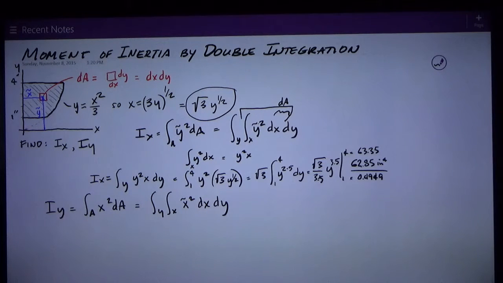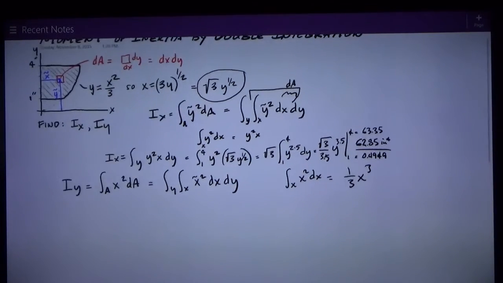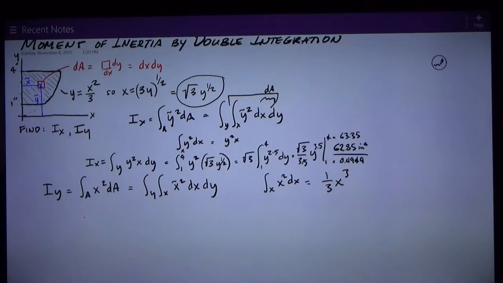Evaluating the inside integral, the integral of x squared dx is equal to 1/3 x cubed. Now we plug that into the outer integral, so Iy is equal to the integral with respect to y of 1/3 x cubed dy.